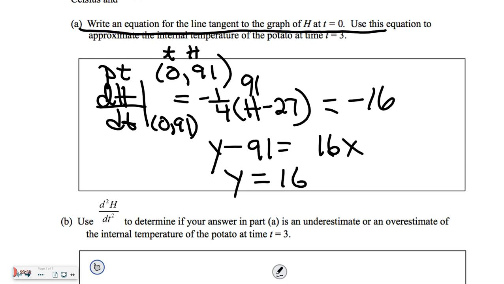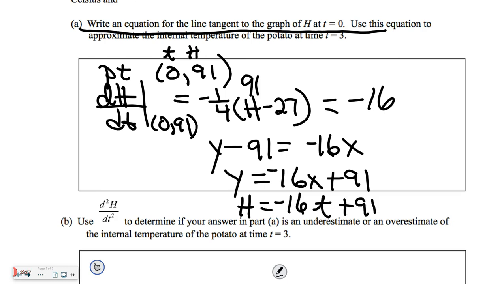But when you're done, sorry, that should be a negative 16. When you're done, I would replace them. You get full credit for this. But just for understanding the problem, y is my h's. So the temperature of my potato can be determined by negative 16 times the time plus 91. Either of those is acceptable.